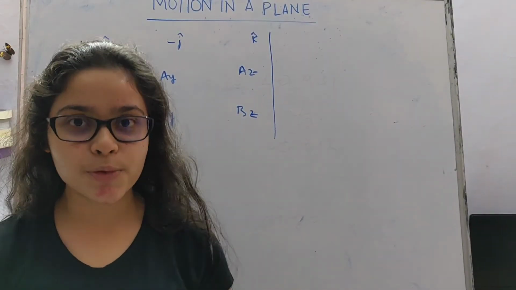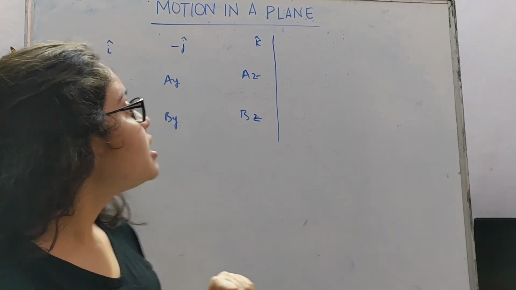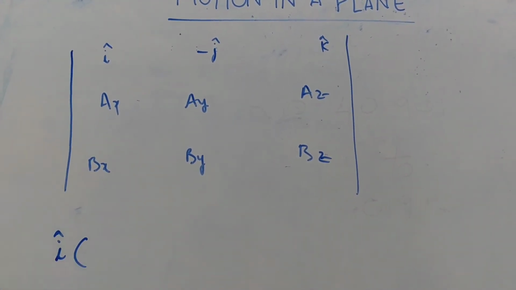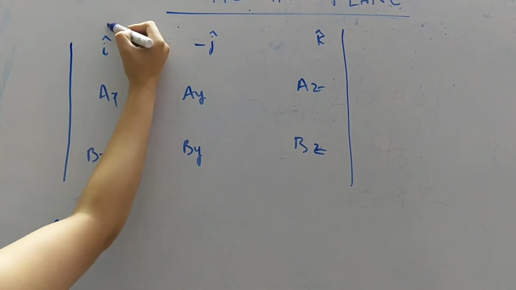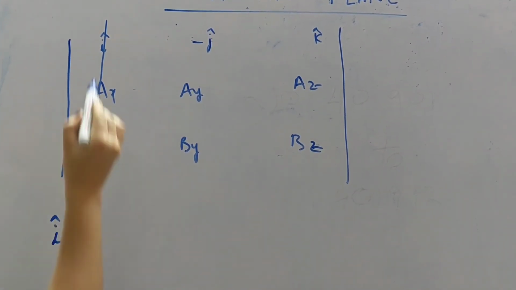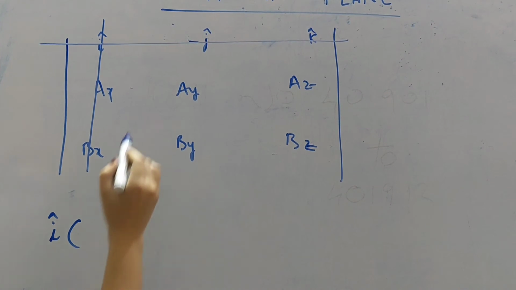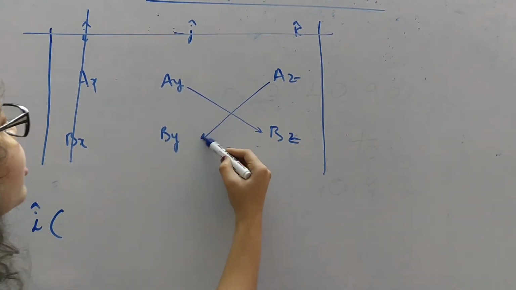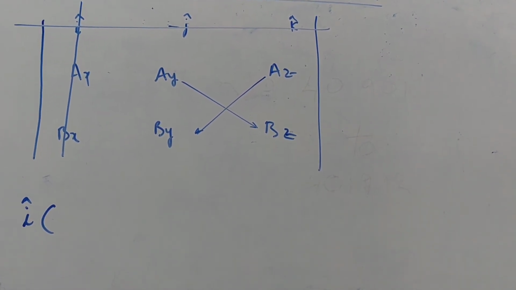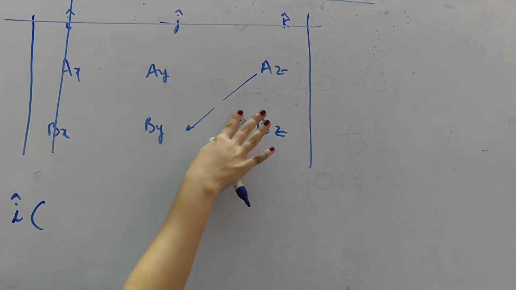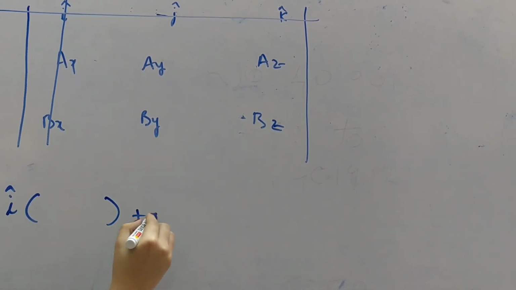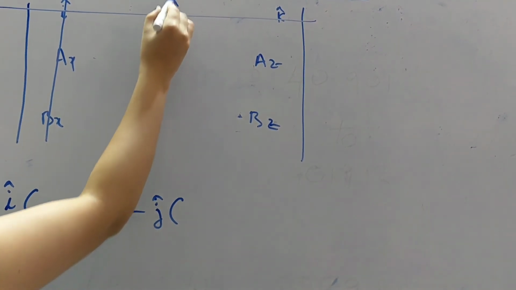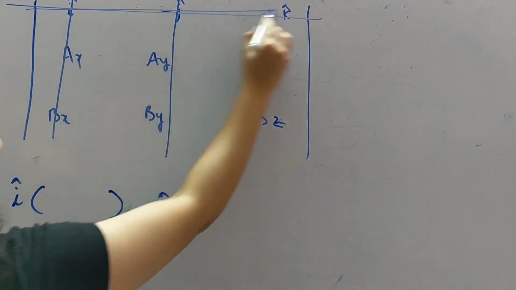Here's a quick note because most of you must have been confused by now. So if you are finding I component, here you will just cancel out this column and this row. So you are left with these components. You will multiply this and then you will subtract the product of these two components. Similarly, when you are doing it for the j component, you will remove this column and this row.